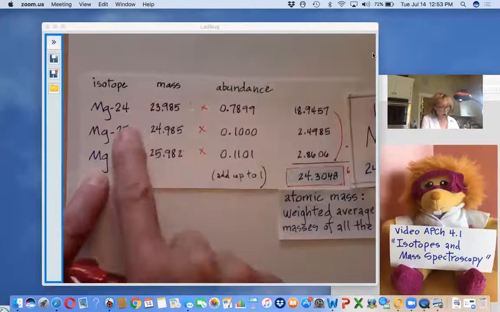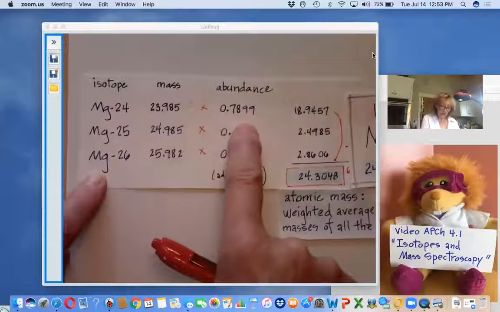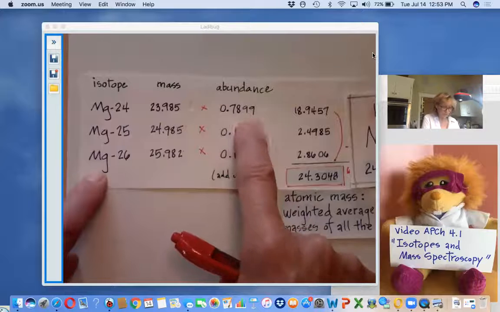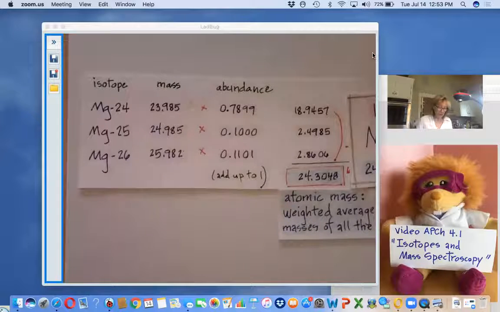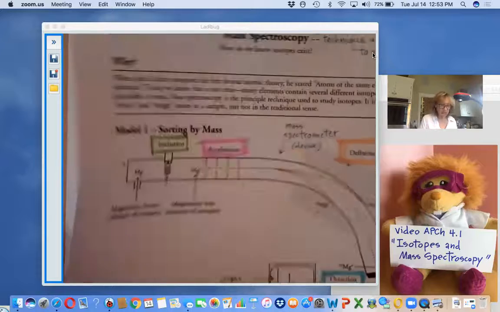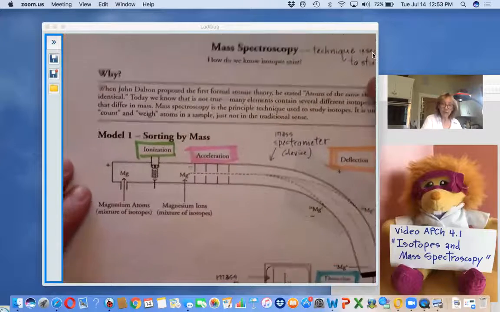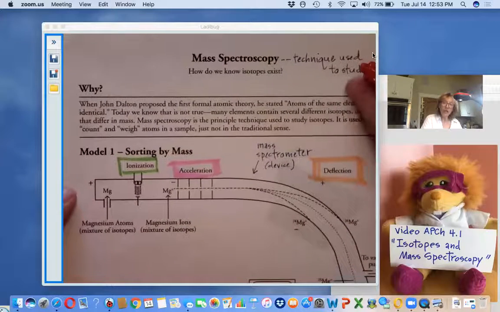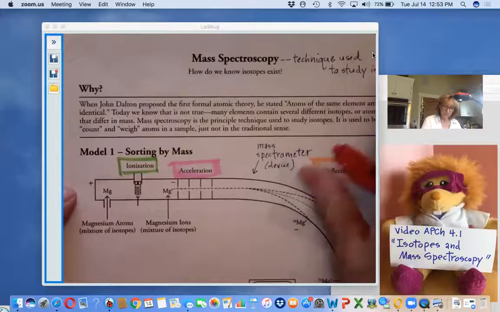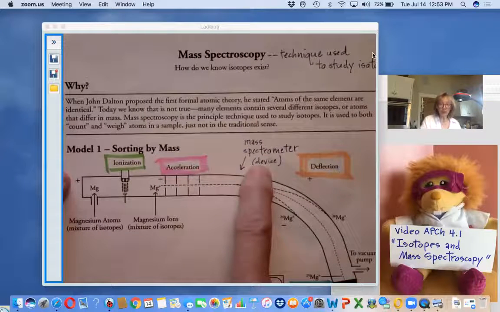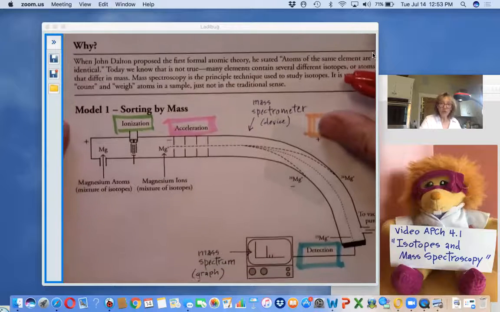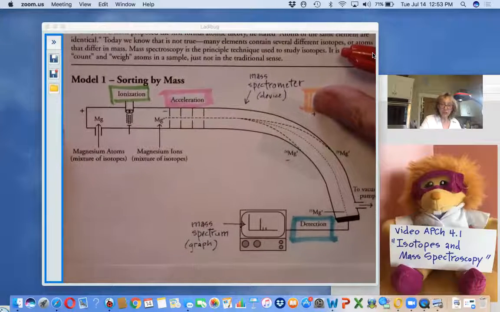The sample is always going to give you 78.99% for this isotope, etc. So the way we find those abundances is to use a technique called mass spectroscopy. And that technique uses a device called a mass spectrometer. So let's take a look at how this works.